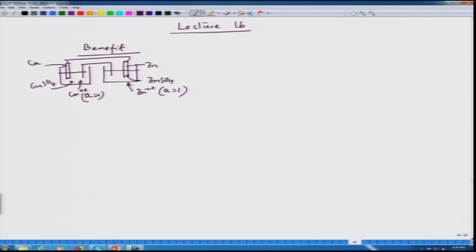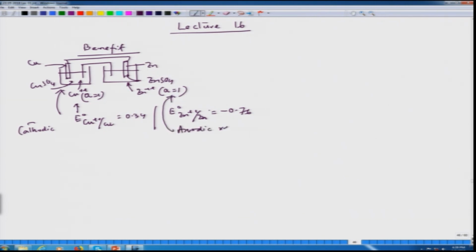E0 for copper equal to 0.34 and E0 for zinc ion and zinc equal to minus 0.76. So on this side we have cathodic reaction and on this side we have anodic reaction.